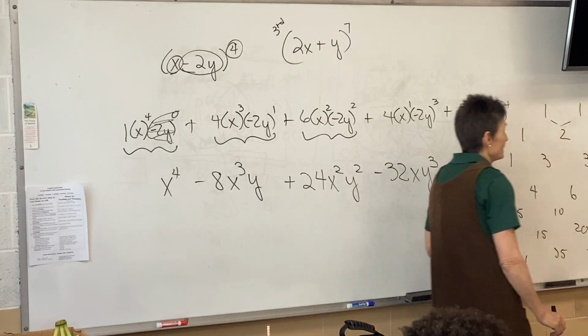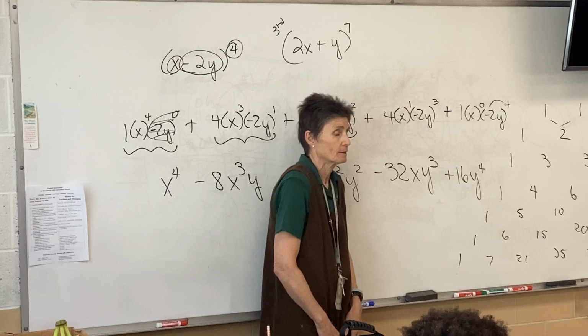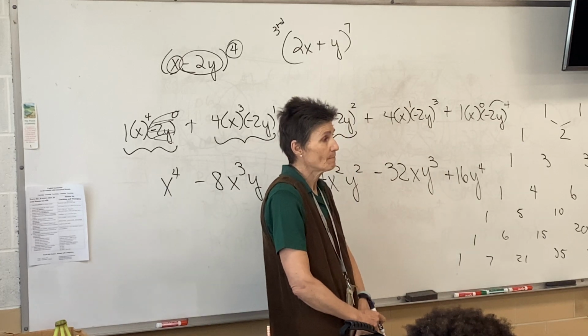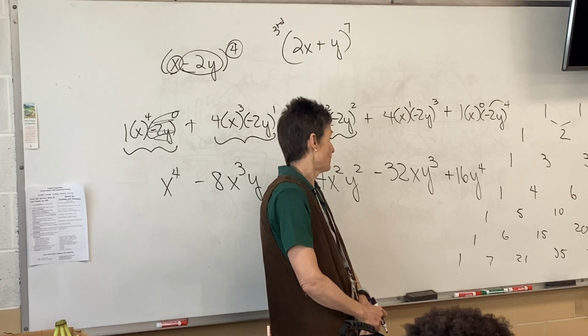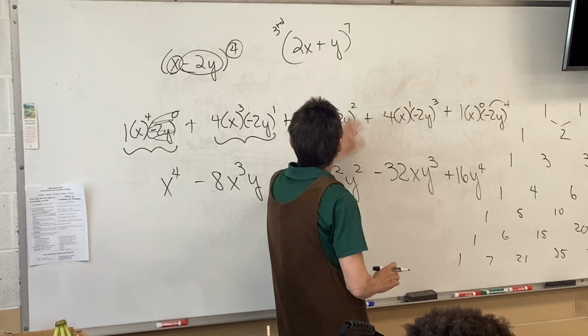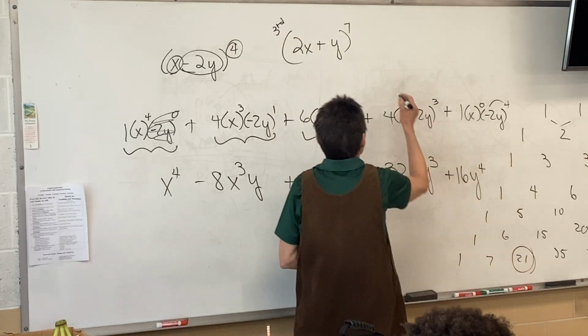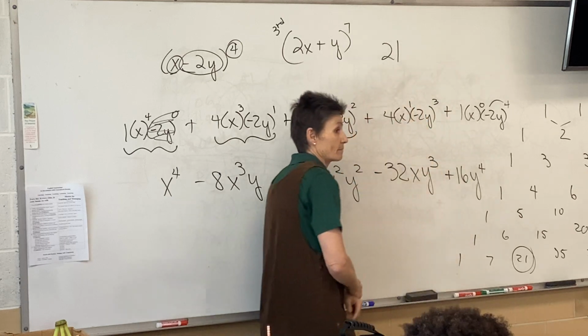Now, you have to be able to do that on your own. You okay with that? Everybody see where those numbers came from? Now, we want the third term, so that means we only want the 21. That's the third term.